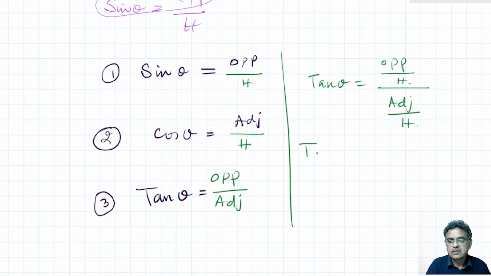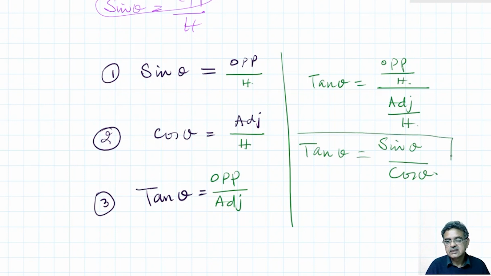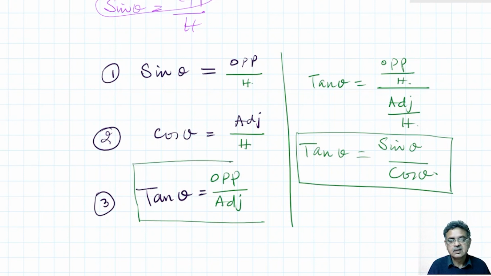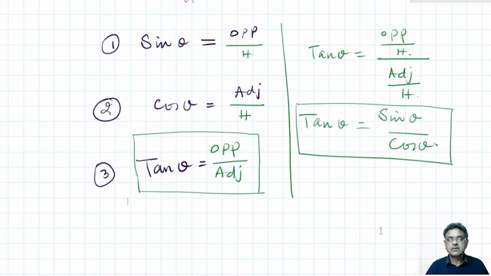But what we can see here is that opposite over hypotenuse is sine theta, and adjacent over hypotenuse is cos theta. So we can say that tangent theta is also equal to sine theta over cos theta. So these are two forms of tangent theta. One simply in terms of sides, opposite and adjacent, and the other one is sine theta over cos theta.